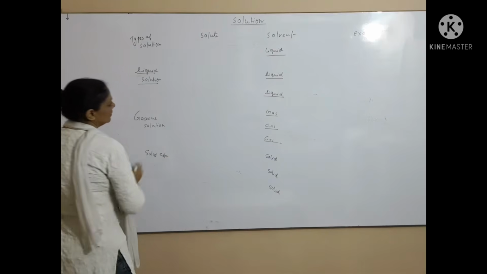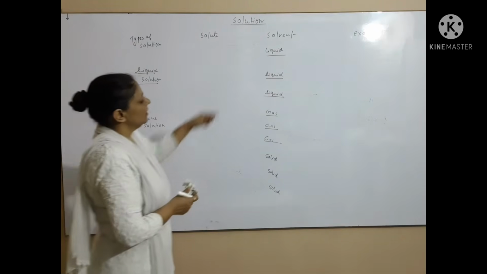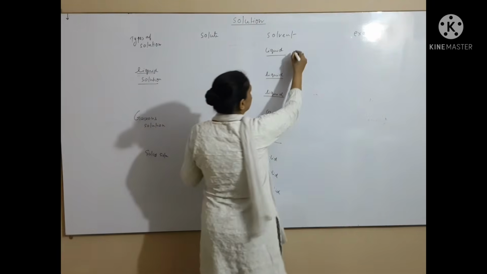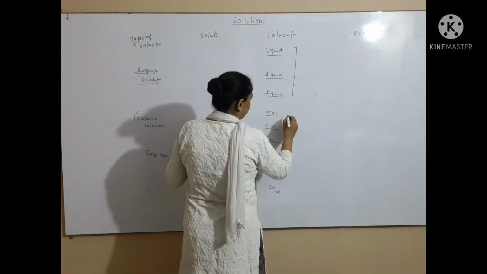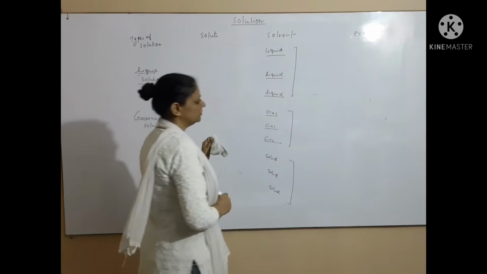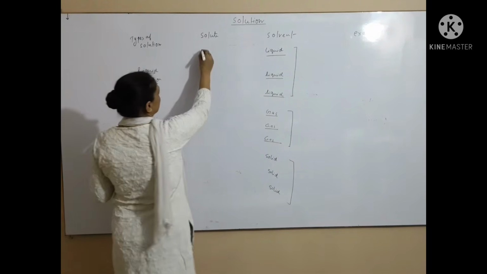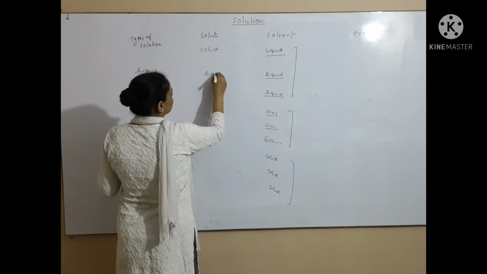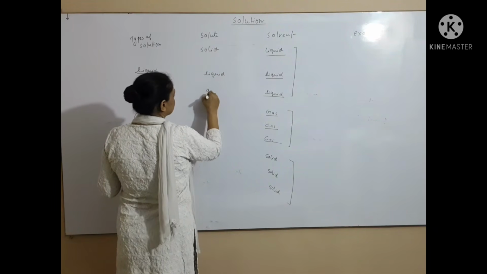So here the solute component can vary, but the solvent is always fixed. This is for one type of solution, this is for another type, this is for another type of solution. So here you can take solid, you can take liquid, you can take gas.